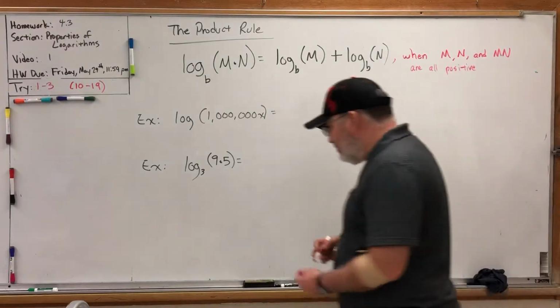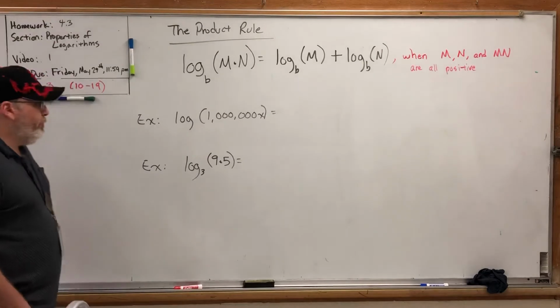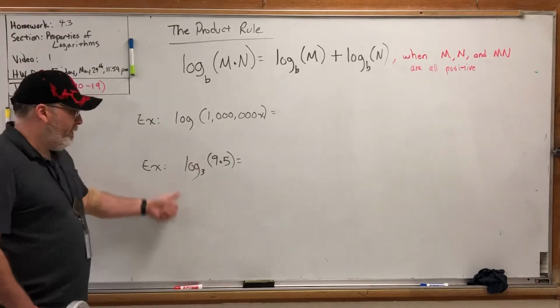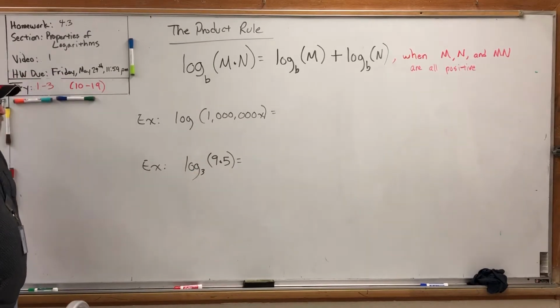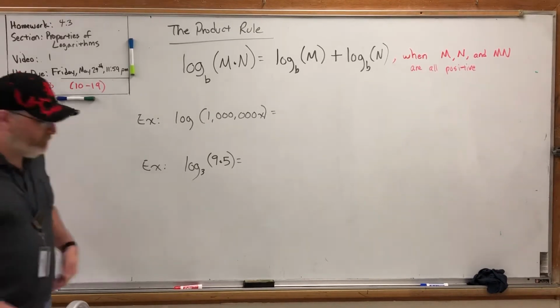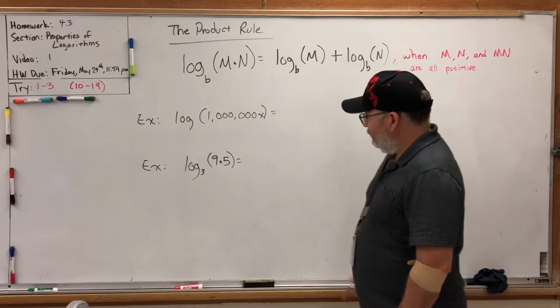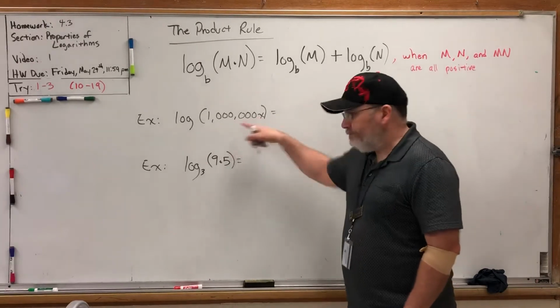So how does the product rule work on just a simple logarithm, such as log of 1 million x, or log base 3 of 9 times 5? Well, it simply says if you have a logarithm of a product, you may split it into multiple logarithms. Each factor would get its own logarithm. In this case, 1 million x has 2 factors, 1 million and x.